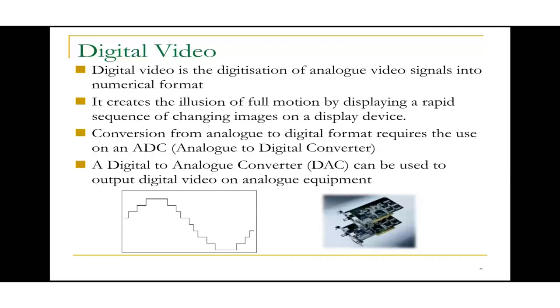So what we do is have very many images changing within a very short moment of time. As we'll see in a short while, these images should be at least 15 images per second, passing in front of our eyes.